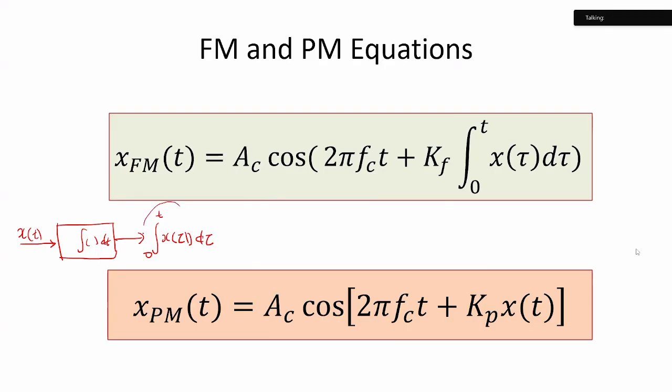And if I take that integral and substitute here as x(t) into a phase modulator circuit, what will be the output?